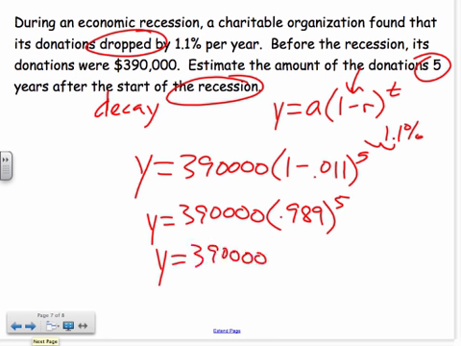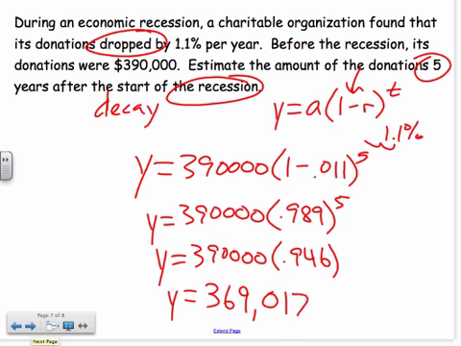But I'm going to round here just to take a look. 0.946, and we end up with, should be less than our initial amount, 369,017 when I round. So there you go. They had an exponential decay. They had a decay at 1.1% a year.